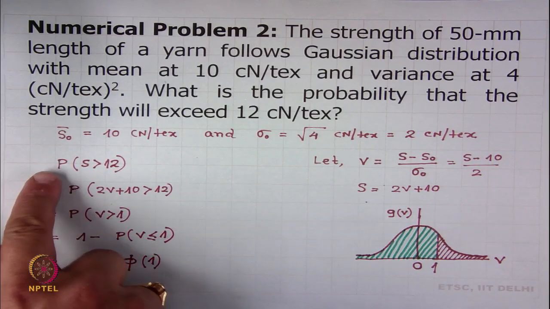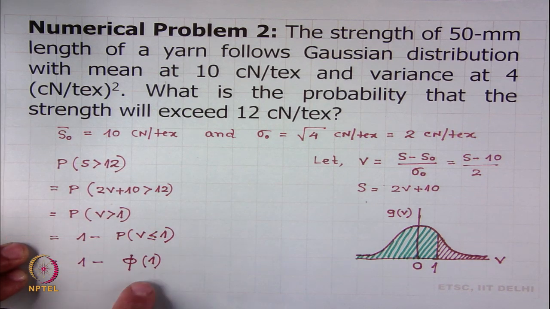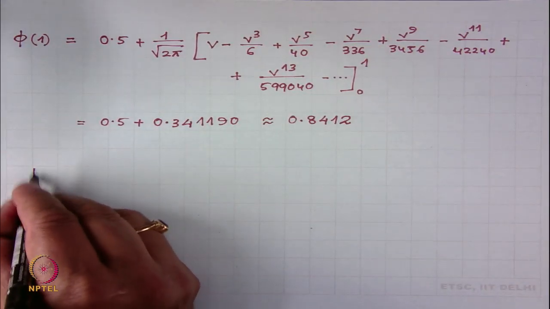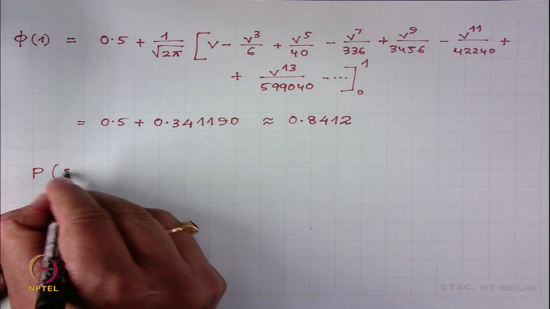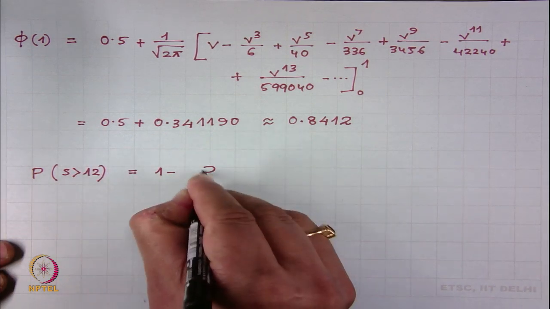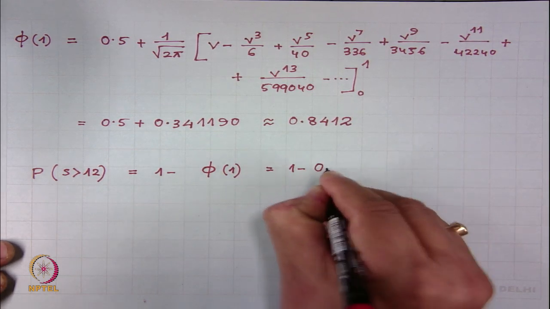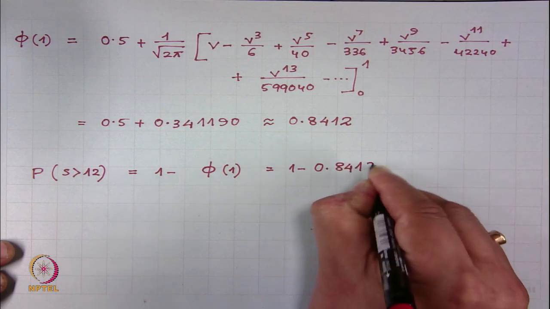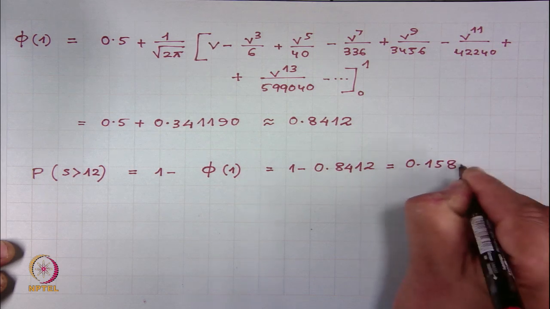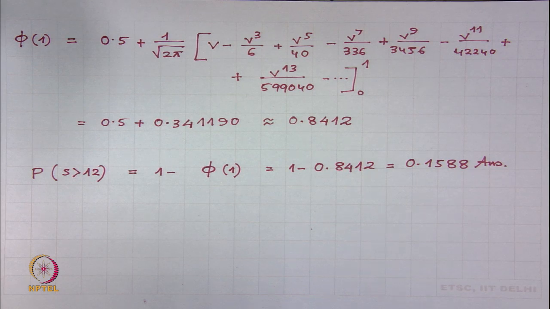We need to find out the probability of s greater than 12, 1 minus uppercase phi of 1. So, 1 minus 0.8412 is 0.1588. This is the answer to the problem number 2.